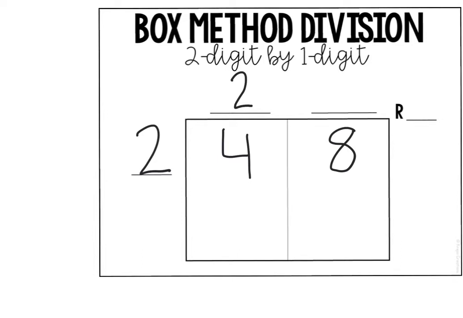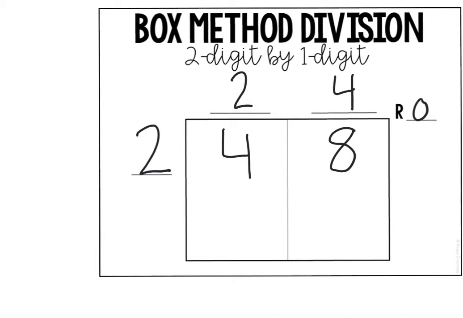The next thing I do is I move to my ones and I do 8 divided by 2. 8 divided by 2, I already know, is 4. Okay, and it worked out perfectly. There's no remainder because it divided evenly. So we could write remainder 0, or we could just leave it blank because the answer would be 24. Okay, that was so nice and easy.